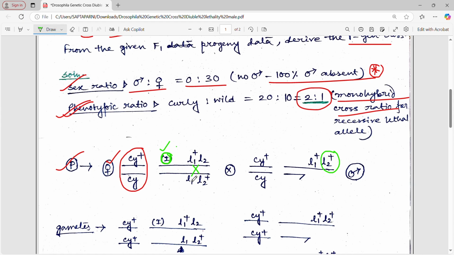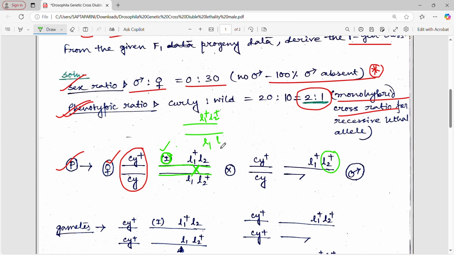If recombination occurs, what will happen? One X chromosome will contain L1 plus and L2 plus, while the other one will contain L1 and L2.